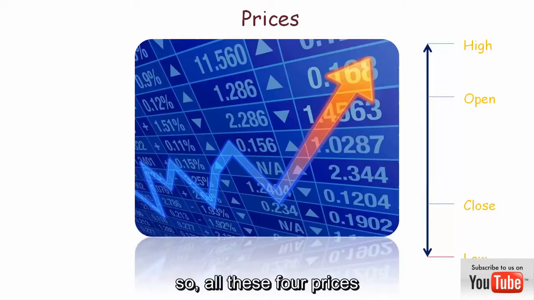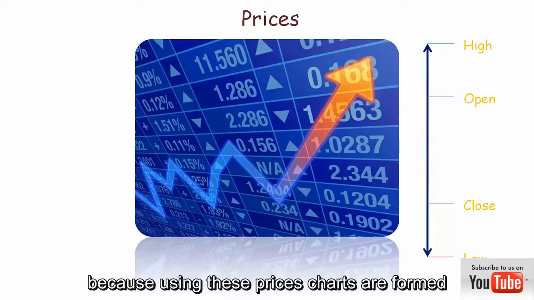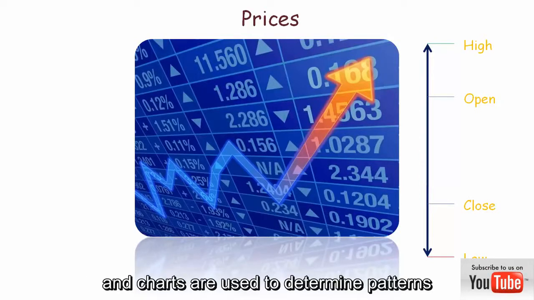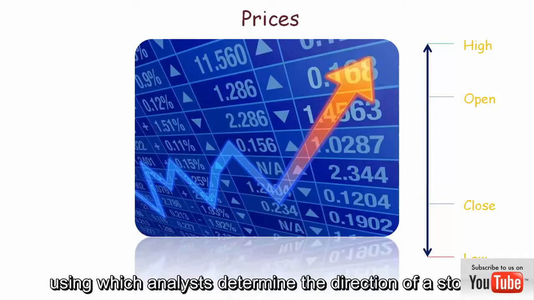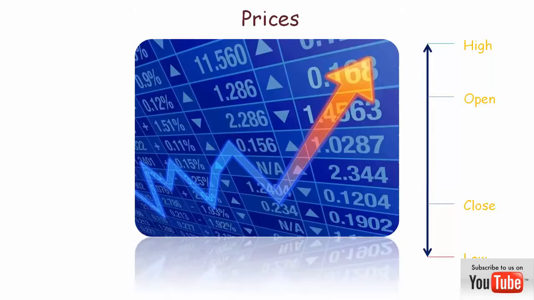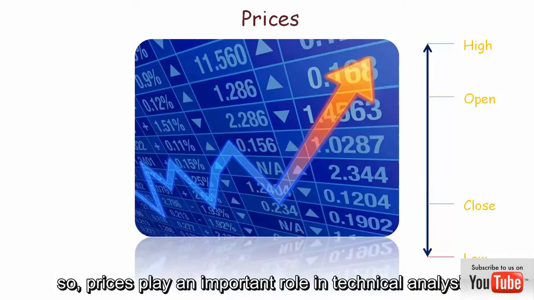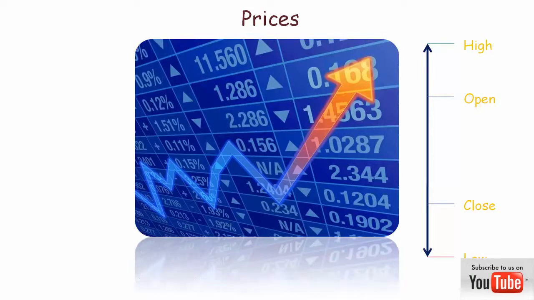So all these four prices are really important because using these prices charts are formed, and charts are used to determine patterns using which analysts determine the direction of a stock. So prices play an important role in technical analysis.